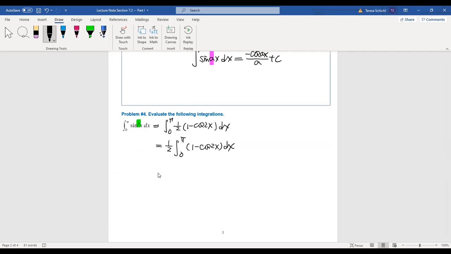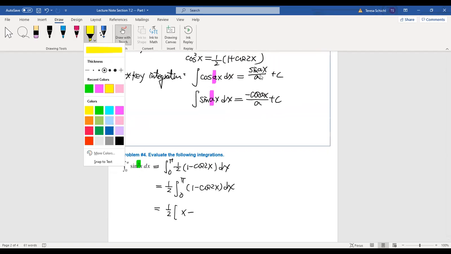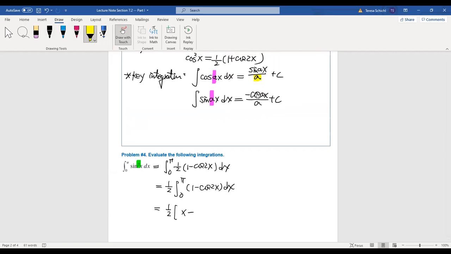So this is 1/2 times x minus, and remember that when you integrate cosine it will be sine. Just be careful if there is a constant, then you need to divide by the constant.